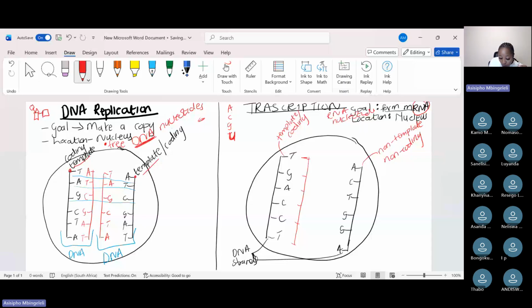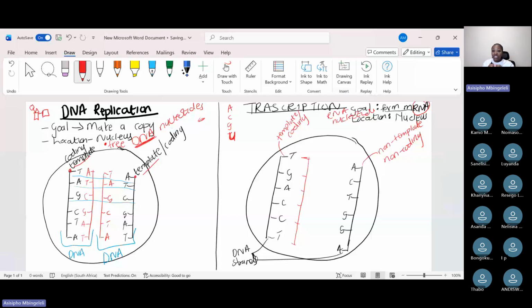But now we are pairing an RNA molecule with a DNA base. So we cannot put U here because T doesn't pair with U. T will still continue to pair with A. Remember, T does not pair with U. U replaces T. So this is where it can become confusing.